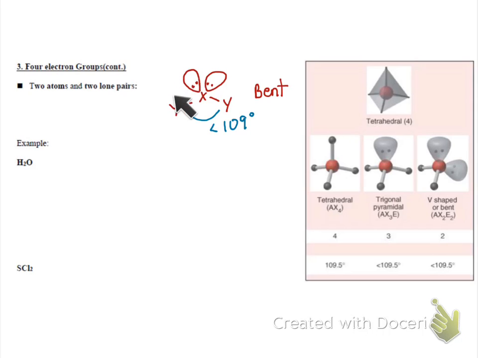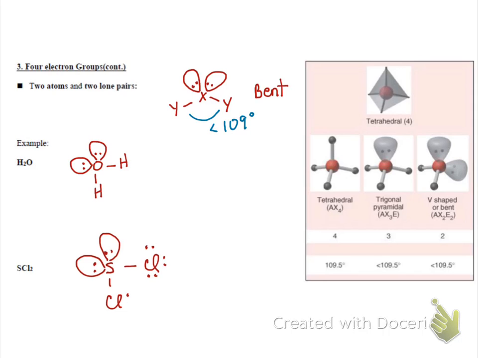Because the lone pairs are bigger, it's going to be a little bit smaller than 109, and because the bonds make an L shape, we call it bent. Examples include water, which you know probably from biology that it has a bent shape, but now you know why. And then sulfur dichloride, because sulfur has the lone pairs, it's going to have a bent shape.